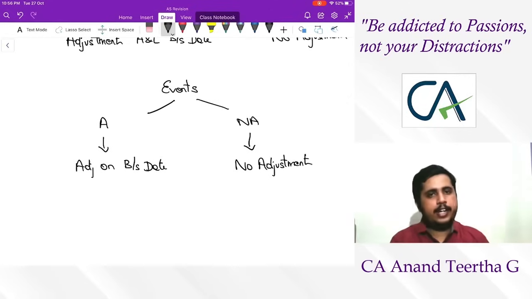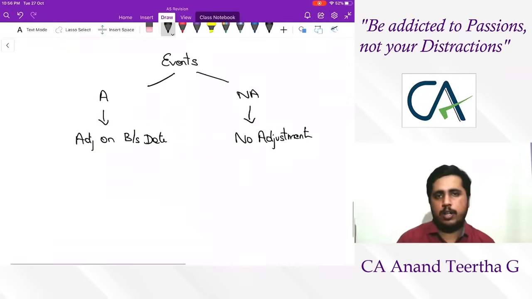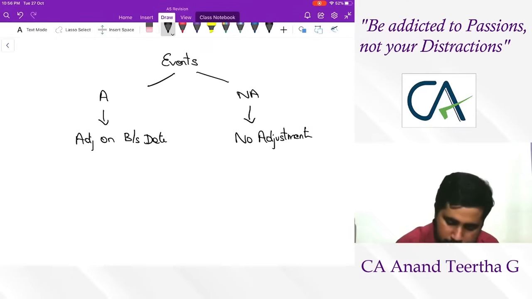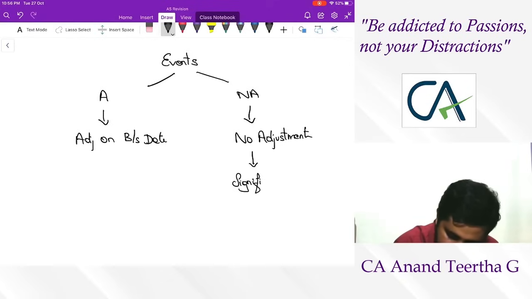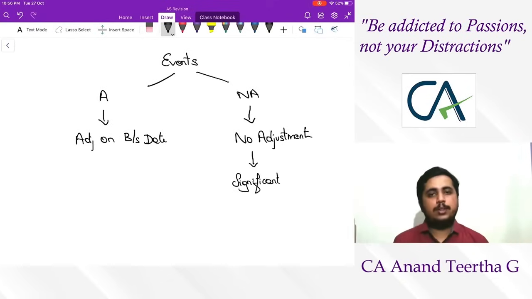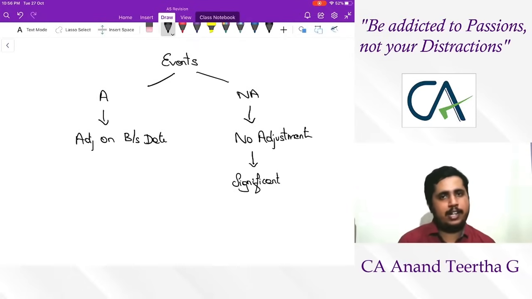However, a slight extension, let's try to do it. Suppose this non-adjusting event is significant. Assume that you are making a very large purchase or a high-level machinery has been purchased or anything like that. Collecting money from debtors, making purchases, making sales, these things are not significant; they happen on a day-to-day basis.